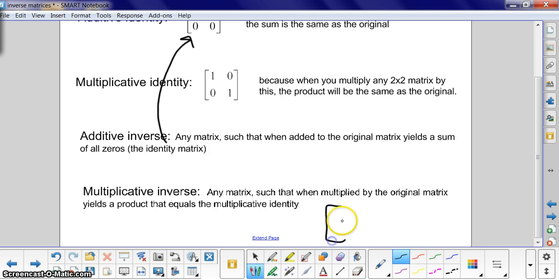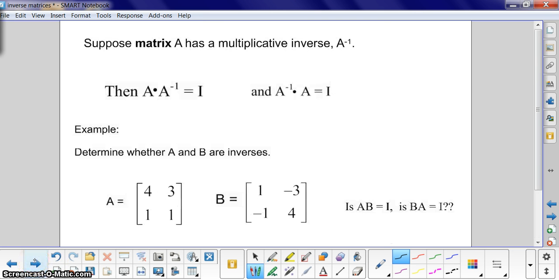And the multiplicative identity that we're going to be dealing with for 2 by 2 matrices is 1, 0, 0, 1. Okay, so keeping that in mind, this should be true: a matrix multiplied by its inverse should equal the identity, or the inverse of a matrix multiplied by the original should equal the identity.